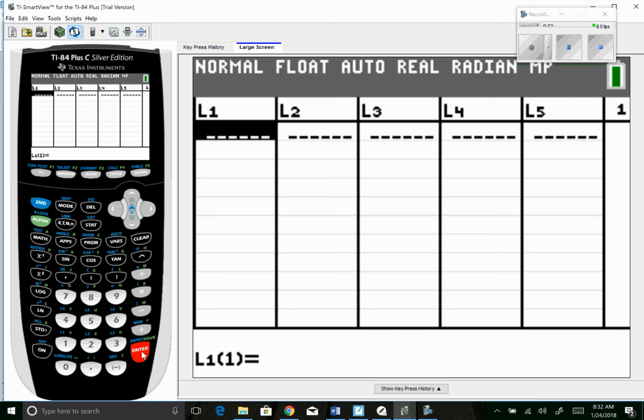Delete every number that's in there, however you want to do it to get these to be cleared out lists. Now, I need to type in my data. So I'm going to type in 0, 50, and in this L1 column, I'm going to put in everything that was in that number of days of the year line in my table.